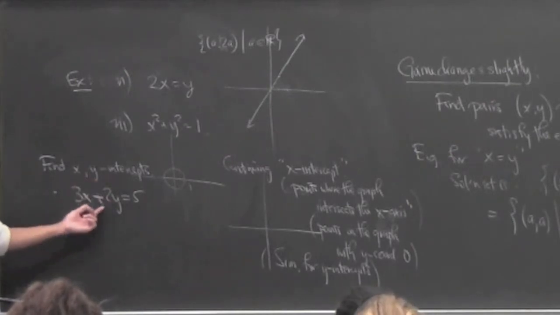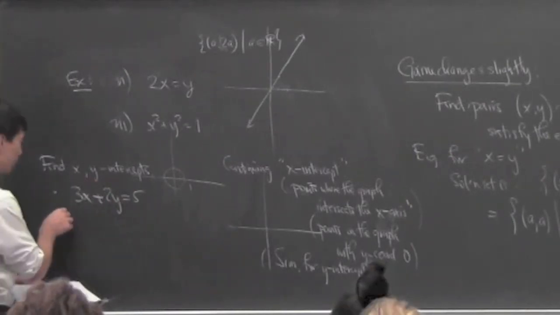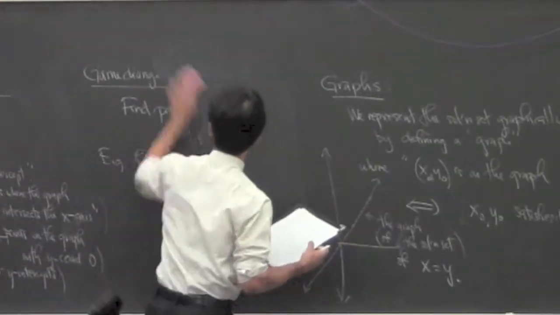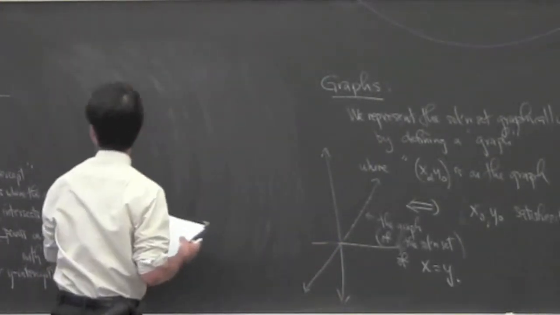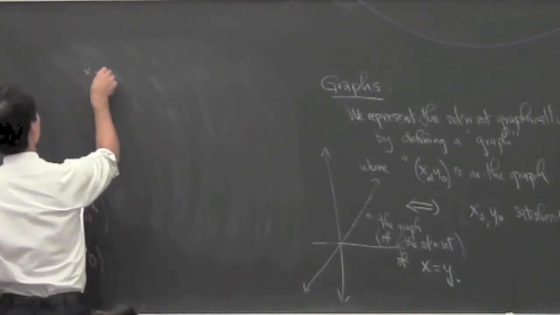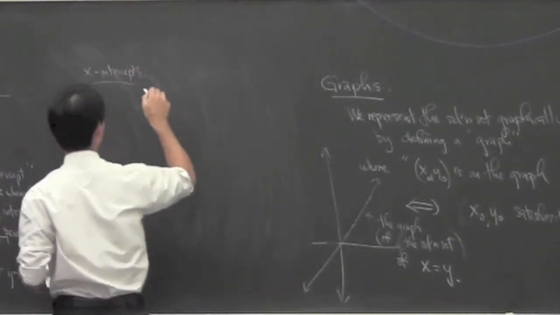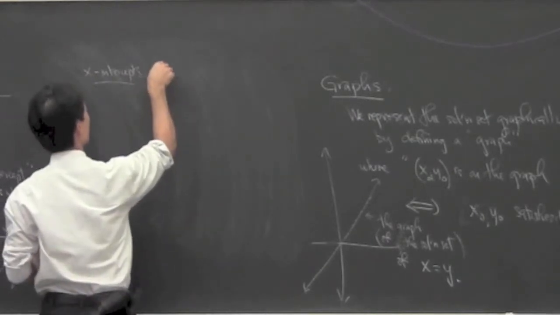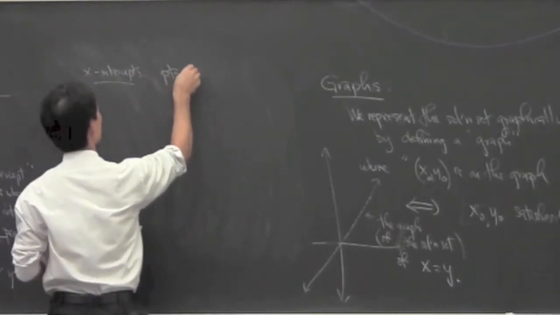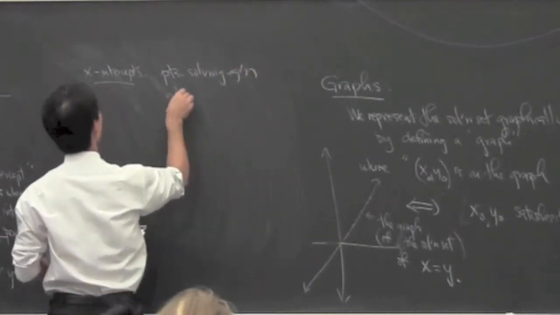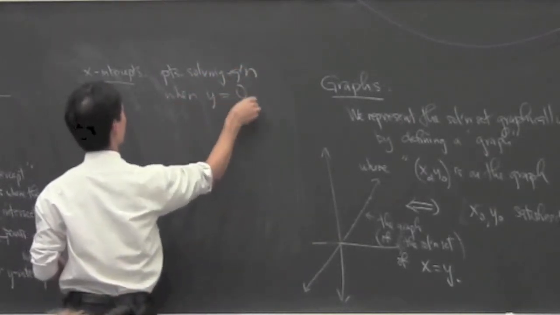To find the x-intercepts, to be really laborious about this, those are the points solving the equation when y is 0.